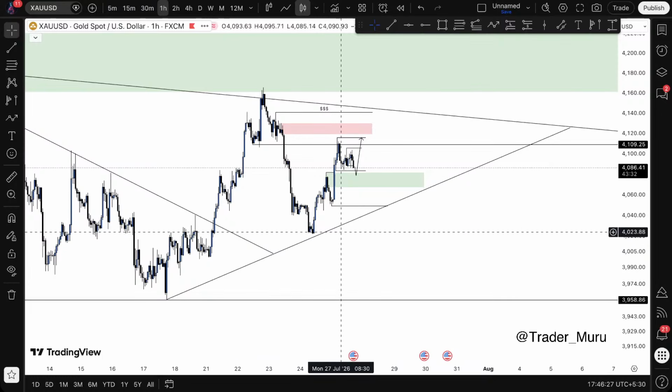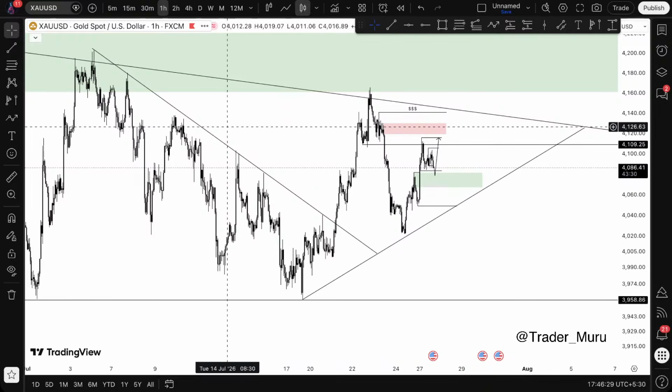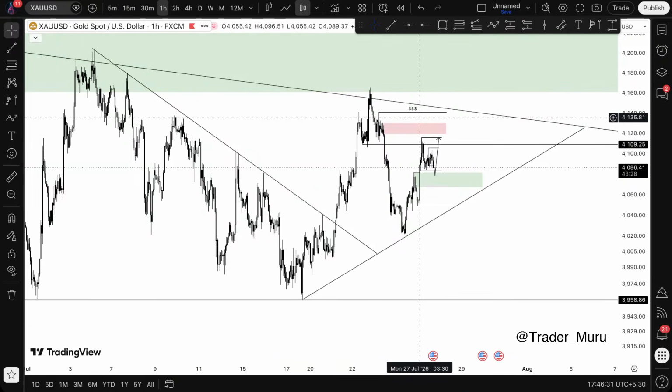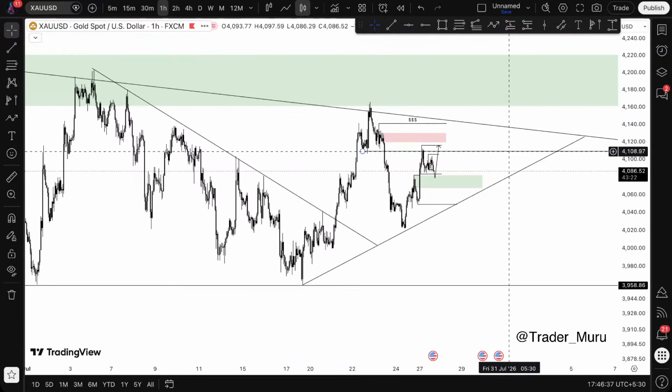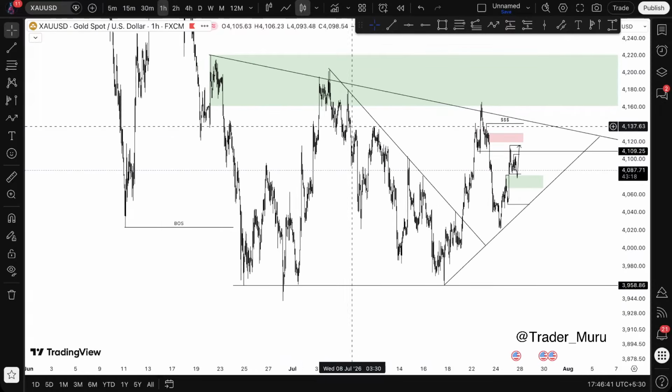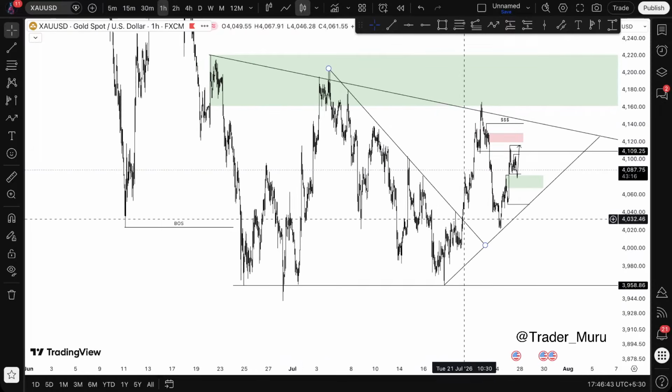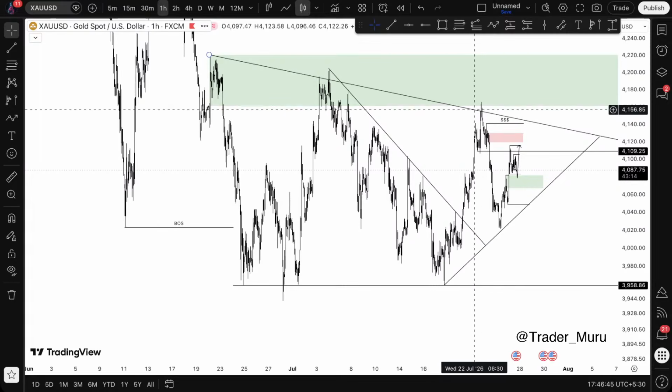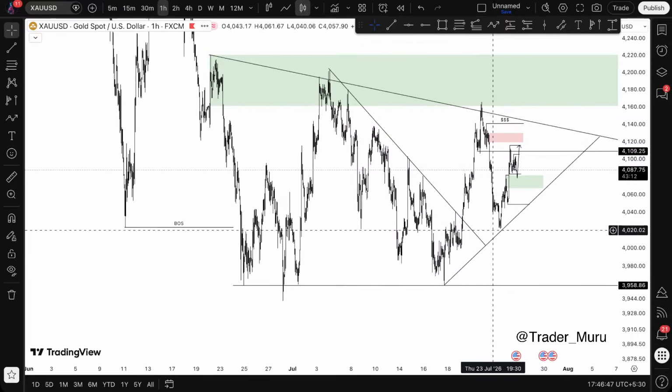Once it breaks, you have to understand that price will go to an exact liquidity level or the bigger time frame trend line which is holding more liquidity than it. So if this trend line is breaking, it will go to a bigger time frame trend line which is holding more liquidity, and from there will be a move.